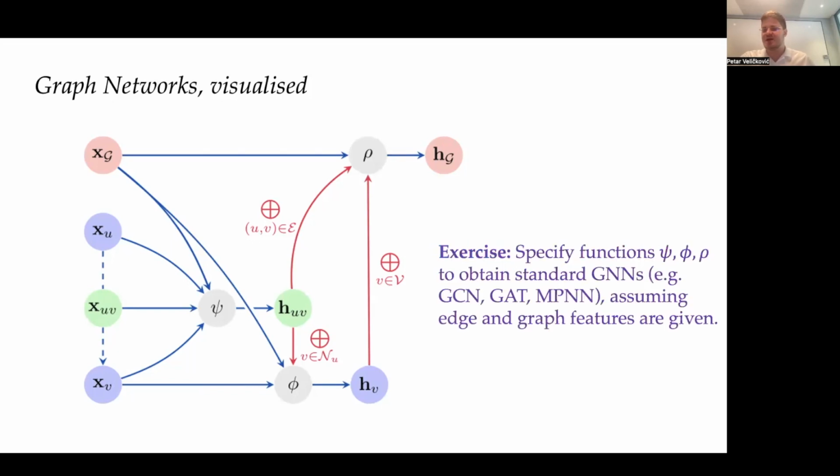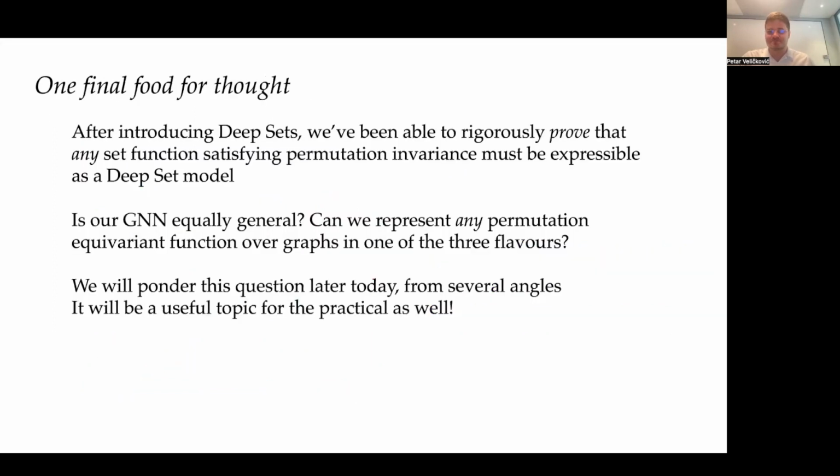And it is a very fun exercise then to try to specify the functions psi, phi, and rho, the three key functions of the graph network, to recover some standard graph neural networks like the GCN, the graph attention network, or the message passing neural network, assuming I give you also some edge and graph features. I think it's a fun exercise to try to complete outside of this lecture.